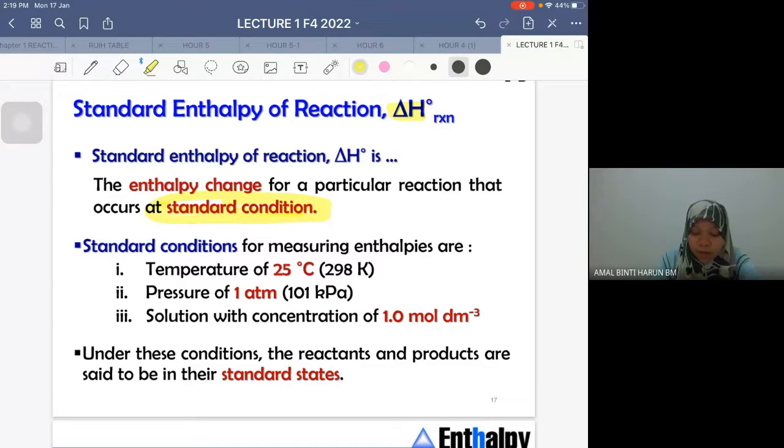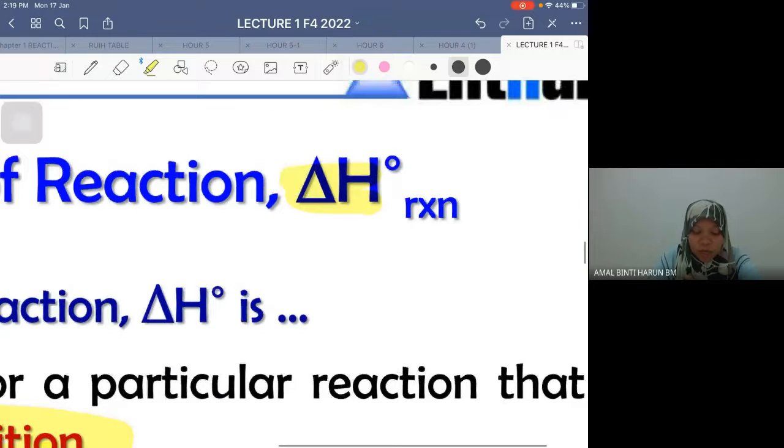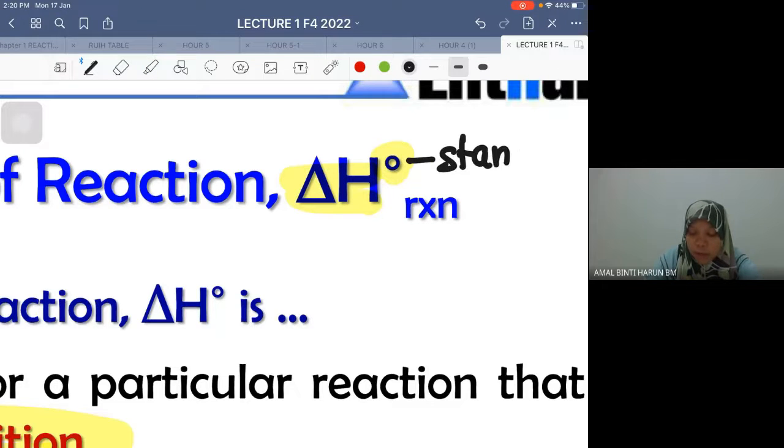Sekarang kalau you perhatikan, okay, let me zoom. Kita nampak not dekat atas ni. Nampak? Not dekat atas ni maksudnya standard. Okay, ini nak tunjukkan dia adalah standard. Apa yang standard? Tindak balas tu berlaku pada standard condition.